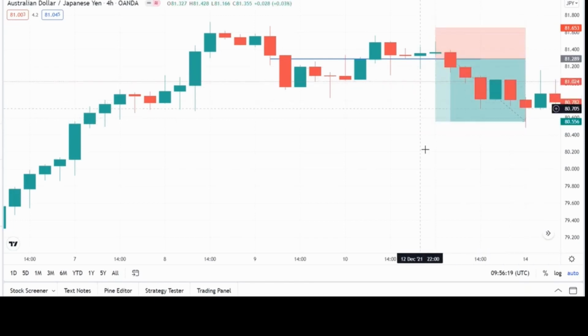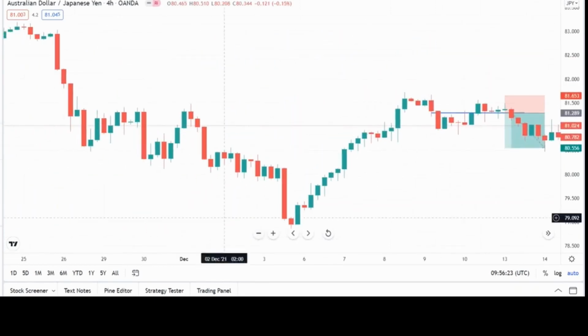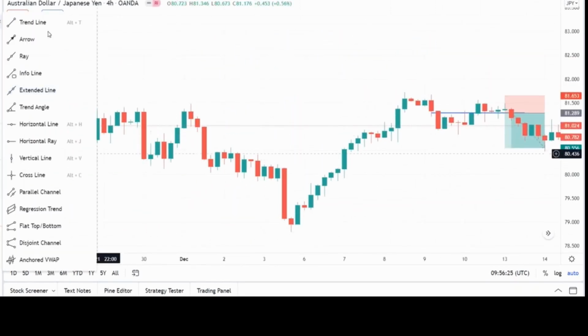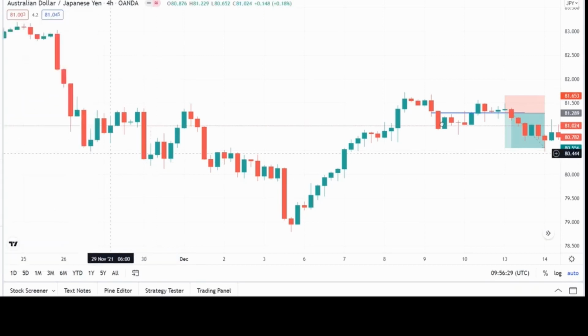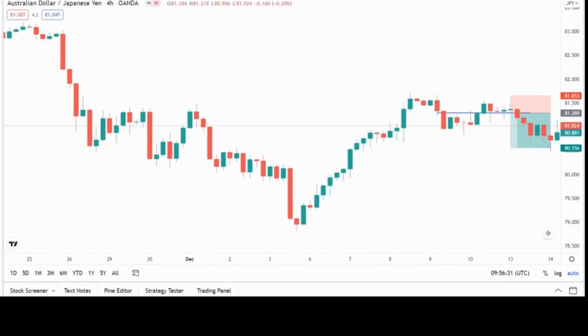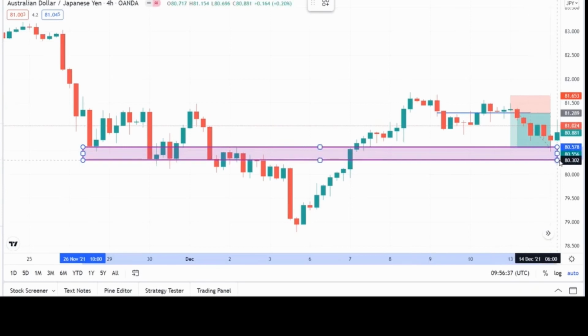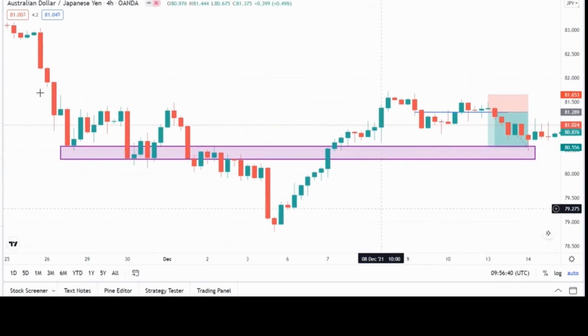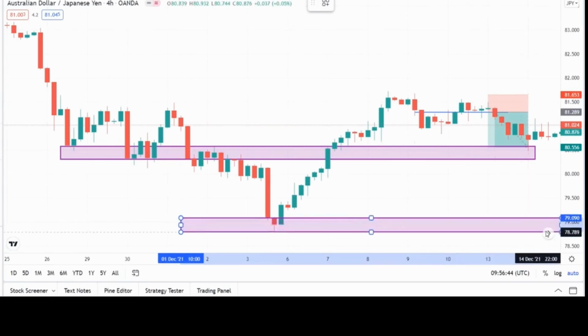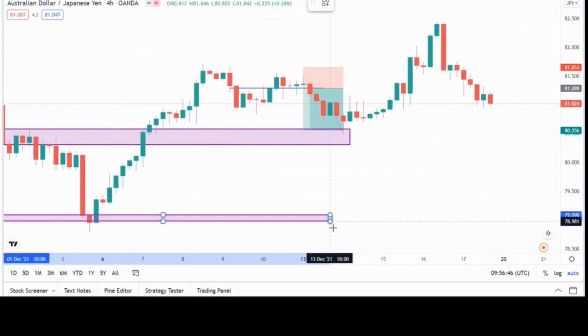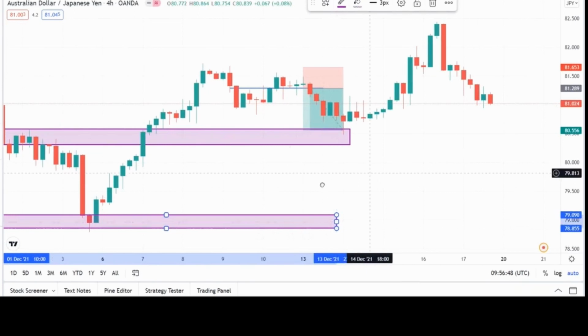But as I said, my first target was around here, which was close, and the second target was this area and everything below it.